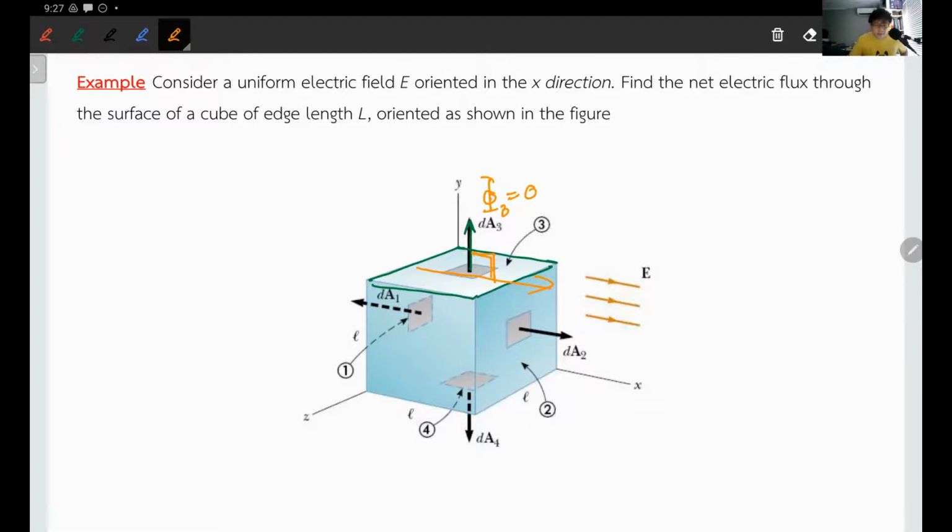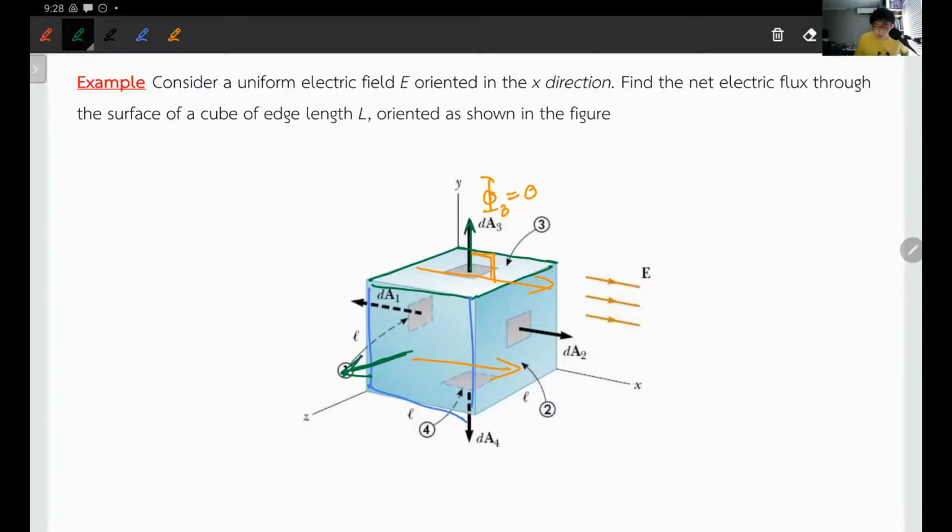Okay, try again. If you look at the front, would there be any flux through the front surface, you think? You say, well, the electric field lines are also not penetrating the front surface. If I want to draw the vector for the front surface, I will have to go in this direction right here.